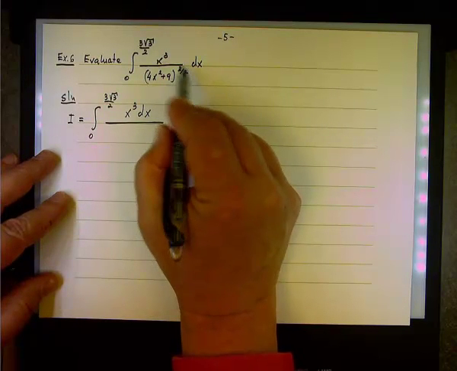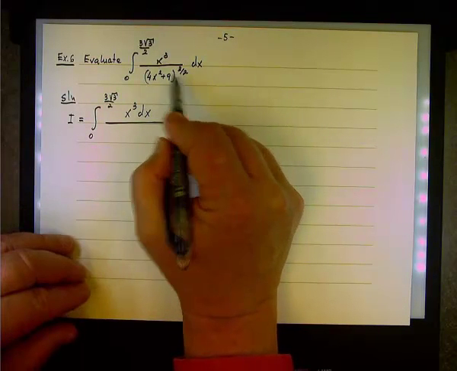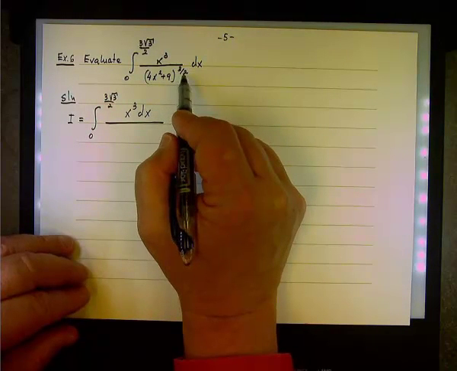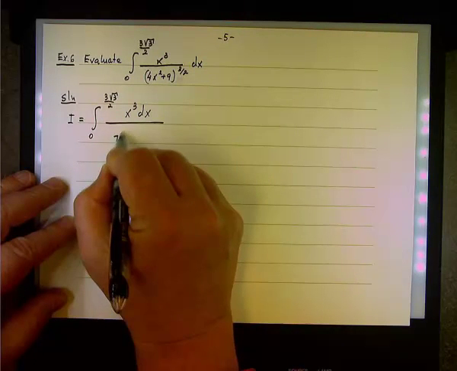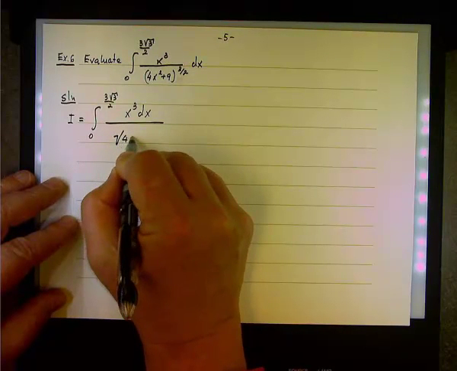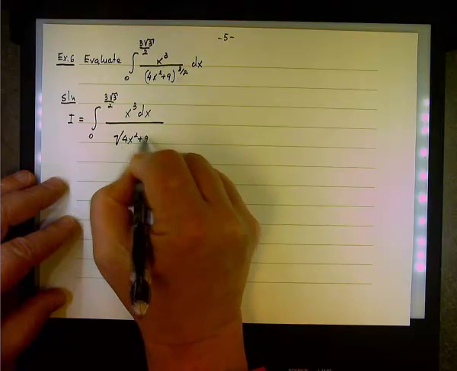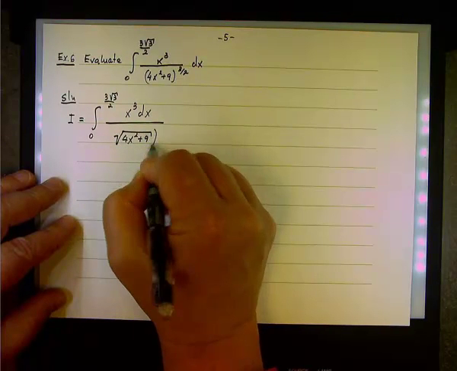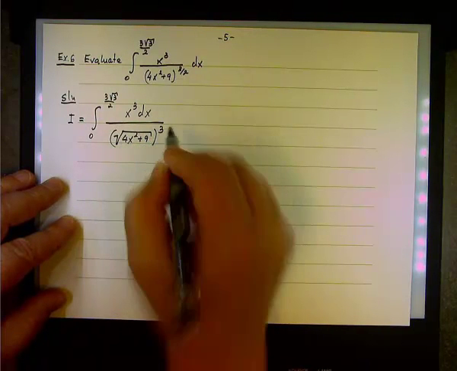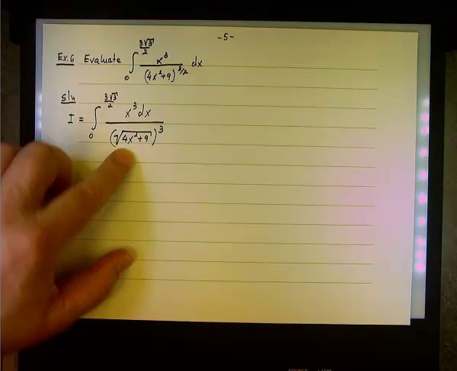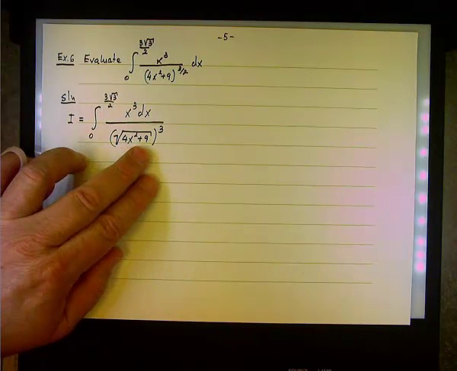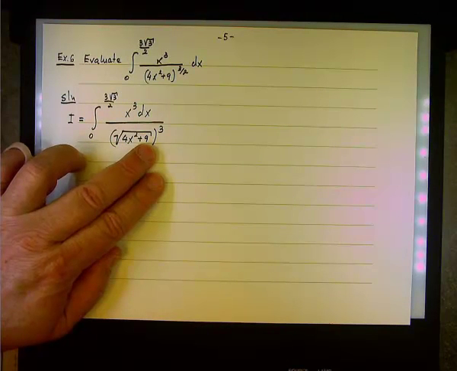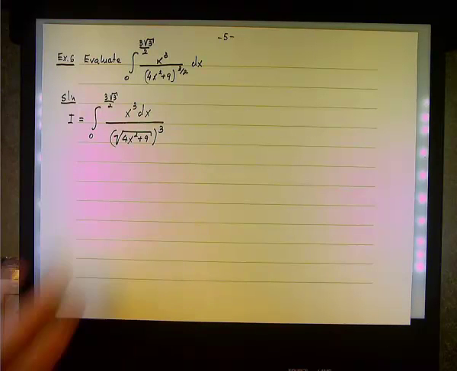The denominator has a rational exponent with 2 as the denominator. It means that it's really the square root of 4x squared plus 9 raised to the third power. Now I could have written it as the square root of the quantity 4x squared plus 9 raised to the third power inside the radicand, but I did it intentionally.